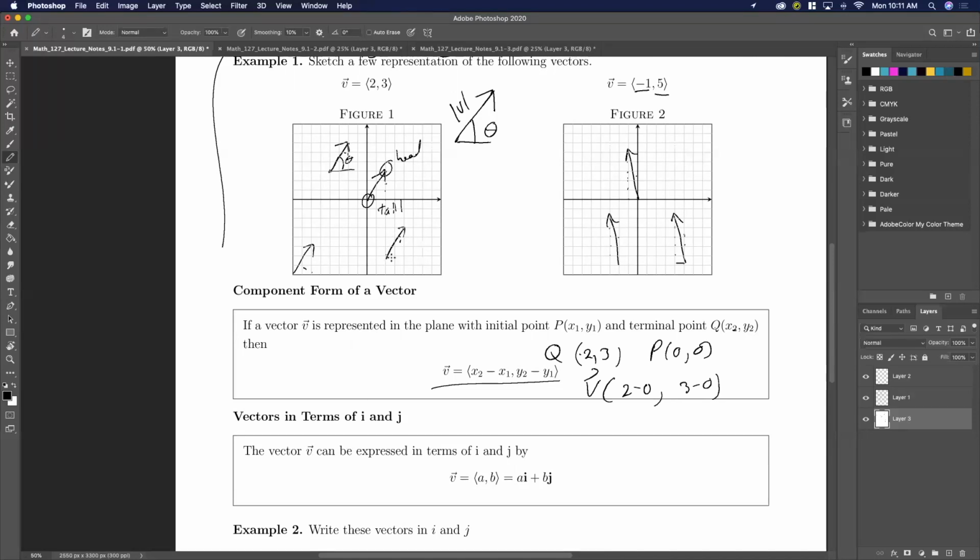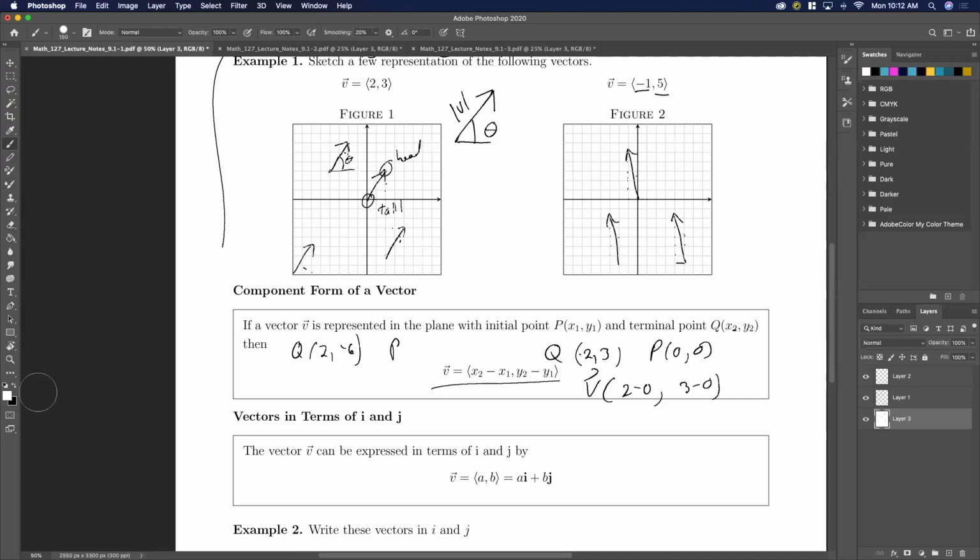Another one we could do is, let's take this one, right? So my initial point is, so here, let's just do this one again. Let's just do Q. So my initial point here is this one. So positive 2. And then -6. And then my, oops, that's not, my terminal point is... Hold on, I wrote this on the wrong one.